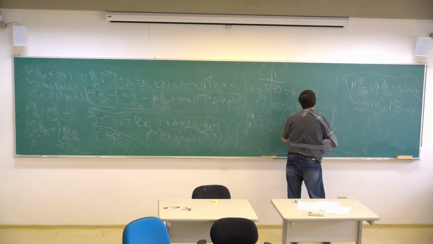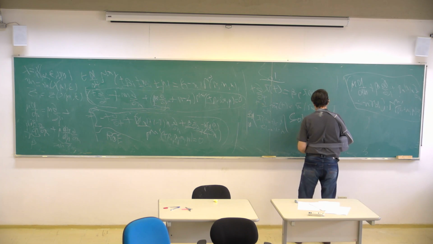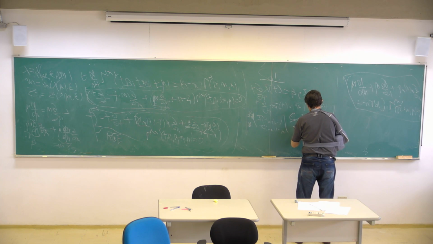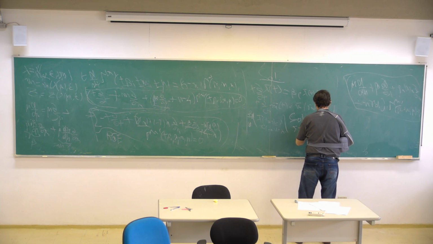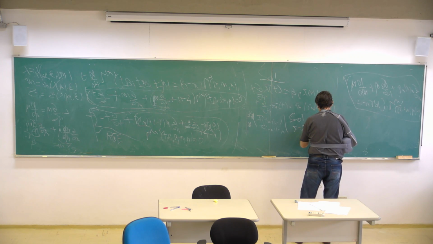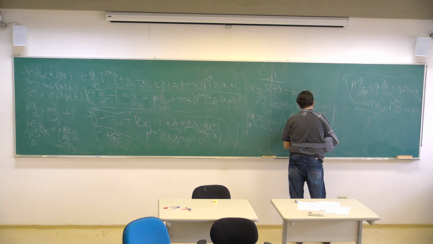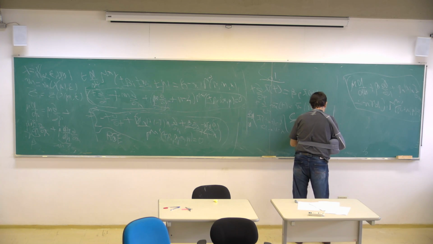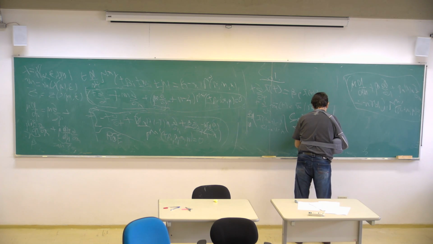Then the solution is lambda bar of lambda and t, and m bar is m bar of m, lambda and t.